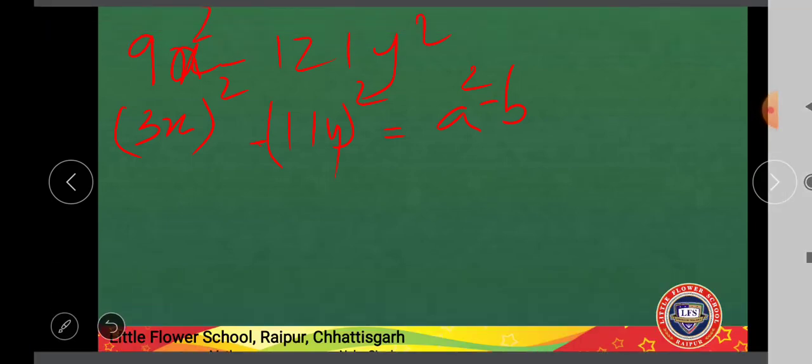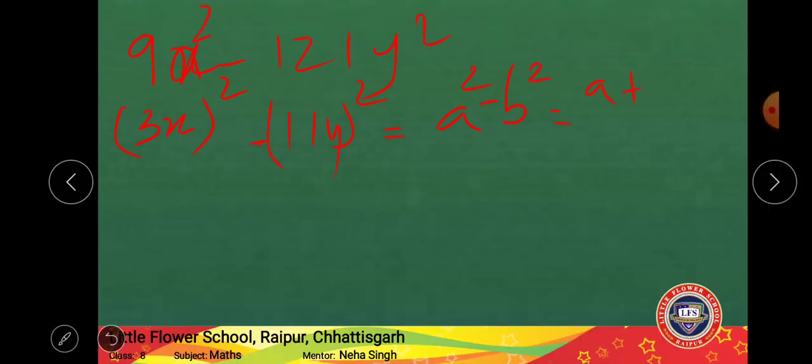So 9 I can write it as 3x whole square minus 121 I can write it as 11y whole square, right? Now it has been converted into the form a square minus b square, which is equal to a plus b, a minus b. A is 3x, b is how much? 11y. So 3x minus 11y and 3x plus 11y. This is the solution. Okay.